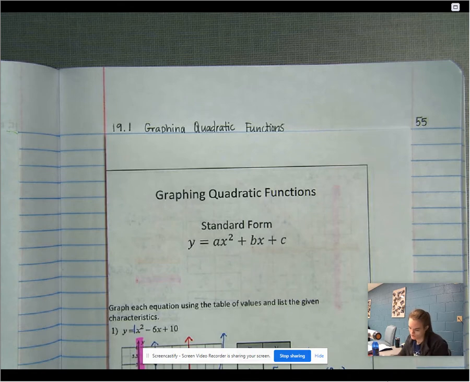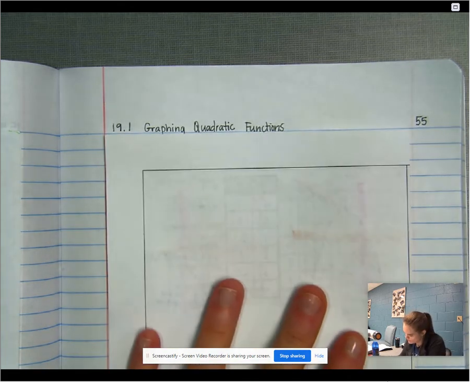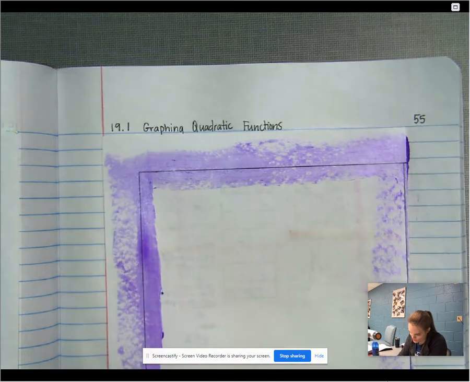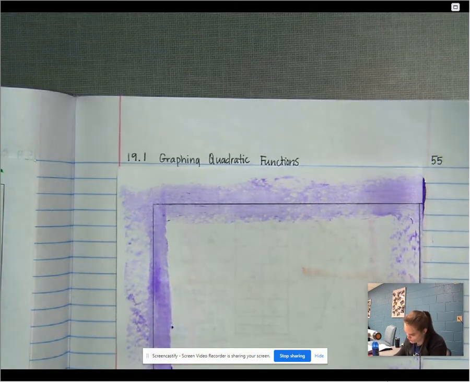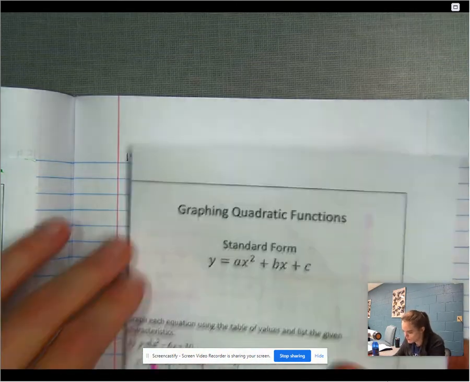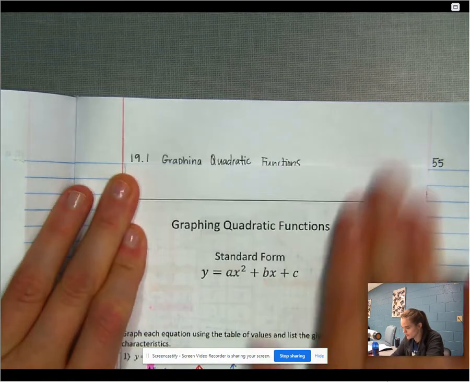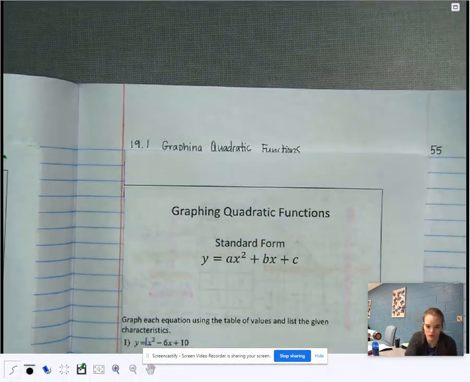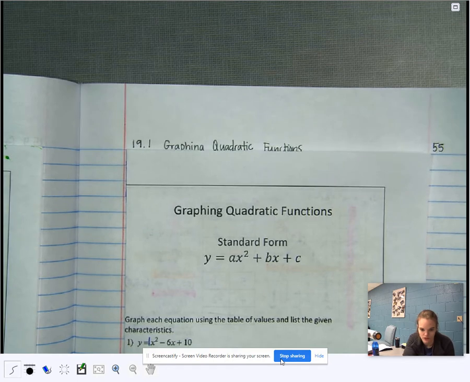Okay, that's all the graphing of quadratic functions we're going to do. We're still going to do some quadratic functions this week, but we're going to do a little different thing with them. I'm not going to graph them anymore. All right, once you got that glued in, you are good to go. Go start working on whatever it is I told you the homework was. I'll see you later.